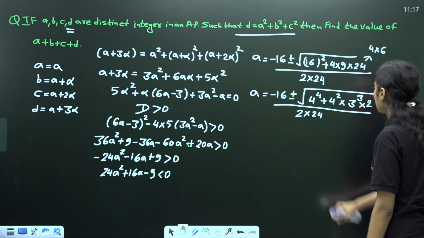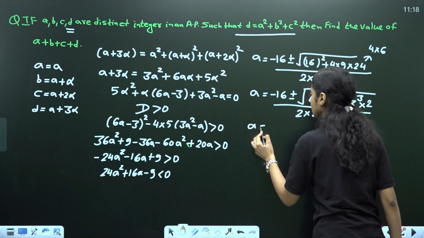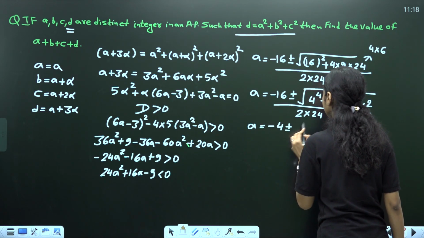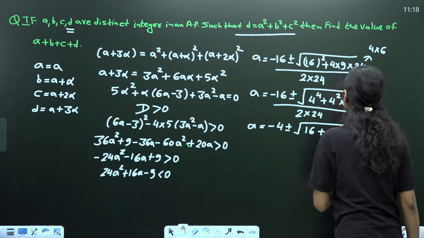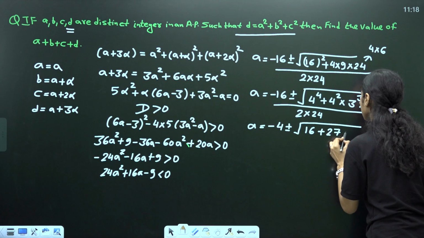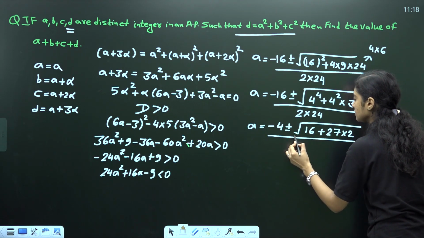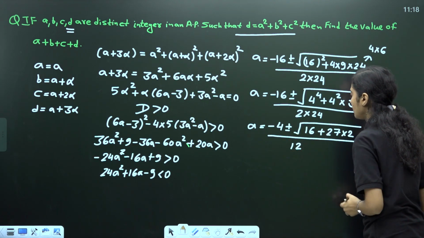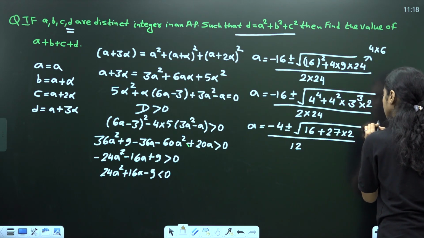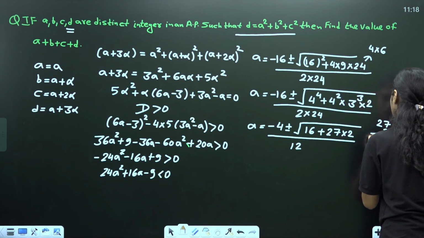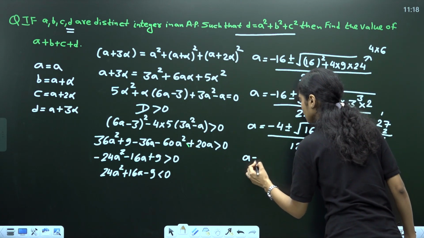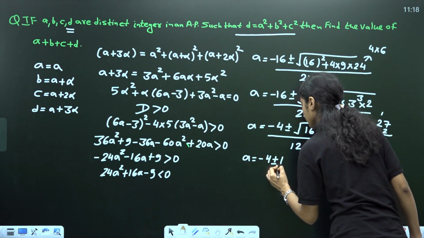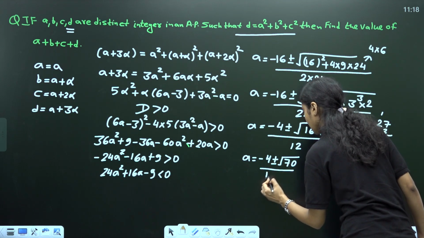If we take 4 square as common, then 3 square, 3 cube is 27, multiply 2 by 12, then a equals minus 4 plus minus under root 17 by 12.